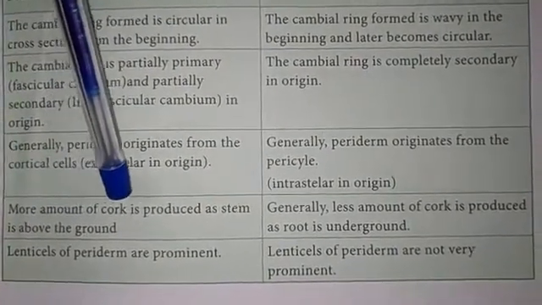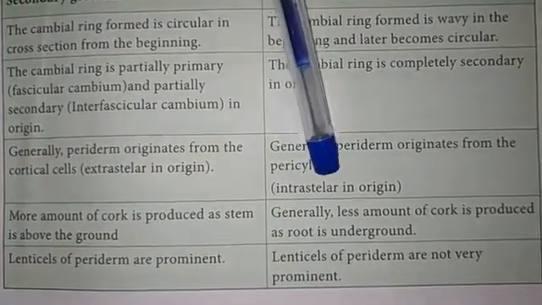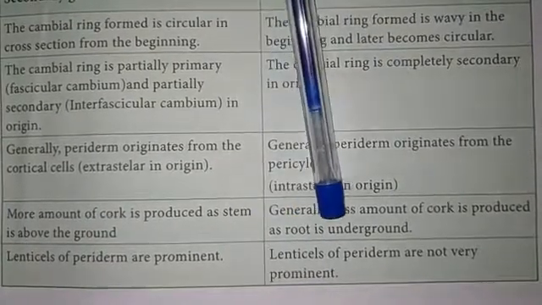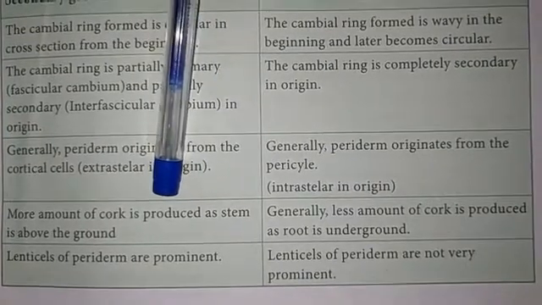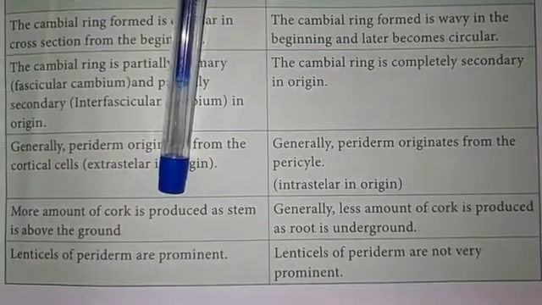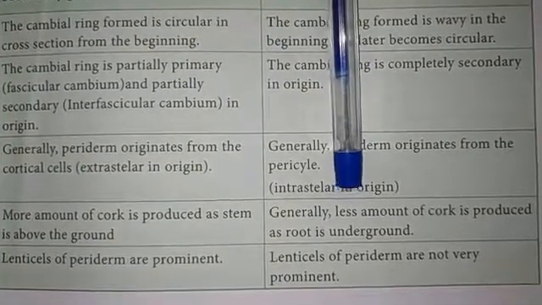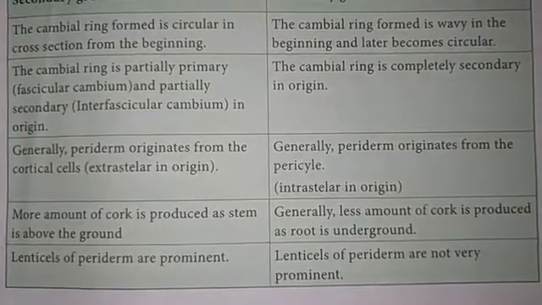In root, less cork is produced because it is underground in nature.